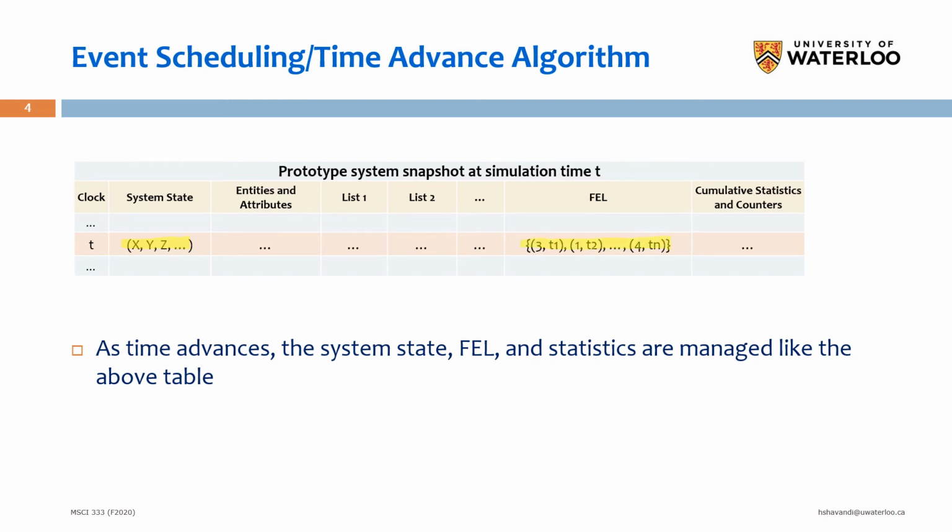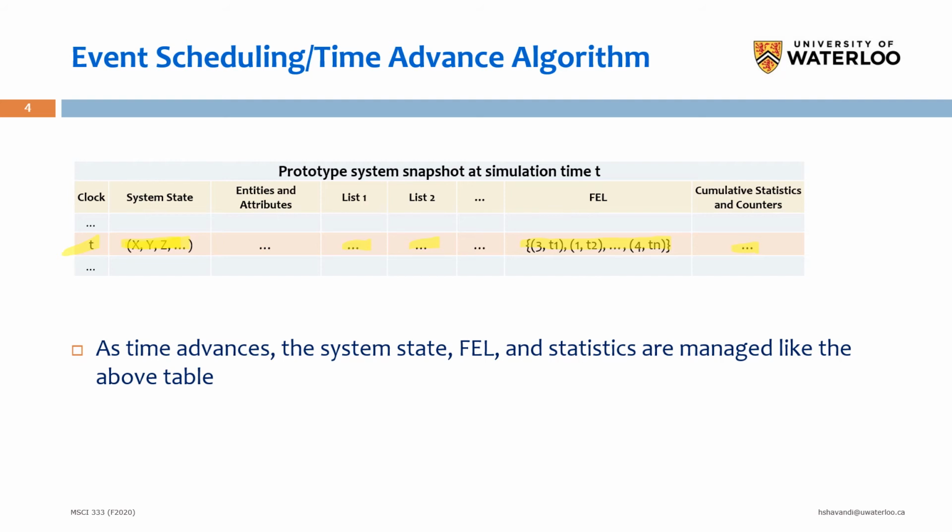In a discrete event simulation, as time advances, the system state, the FEL (future event list), and also the statistics that we have defined to measure the system's performance at the end of the simulation, are managed in a table like this. At any time t, we have the system state given by the state variables. We have the lists, for example the customers who are waiting in line and the customers who are being served right now, and we have the future event list.